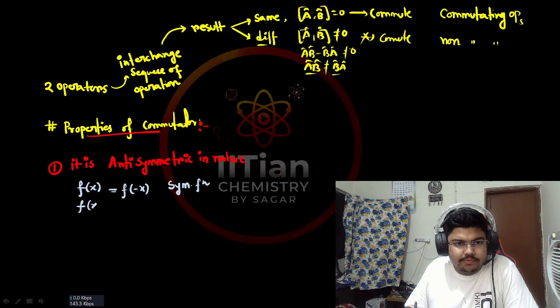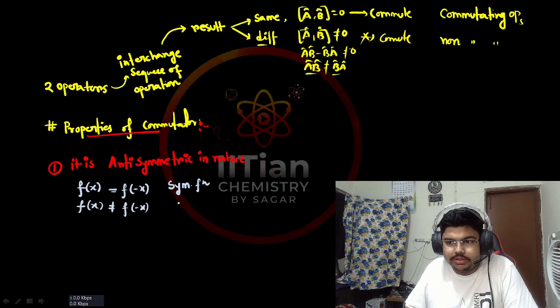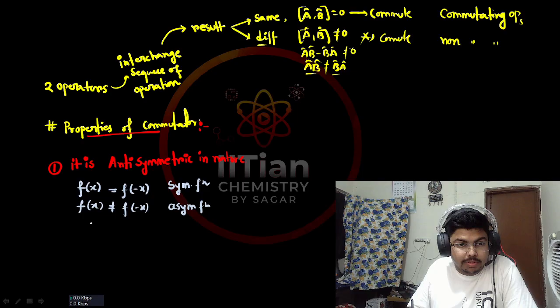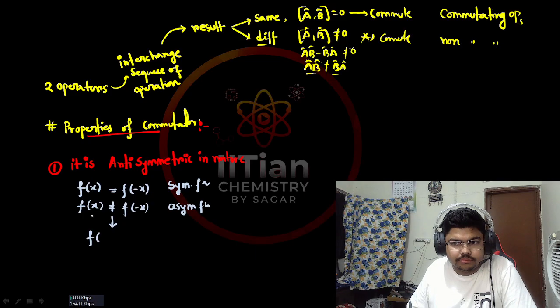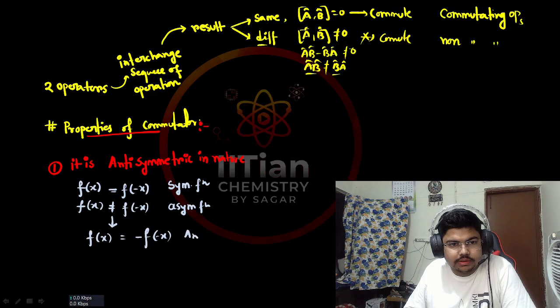If f of x is not equal to f of minus x, we call it an asymmetric function. It is not asymmetric, but in asymmetric there is a special case. If f of x equals minus f of minus x, then it will be called anti-symmetric.